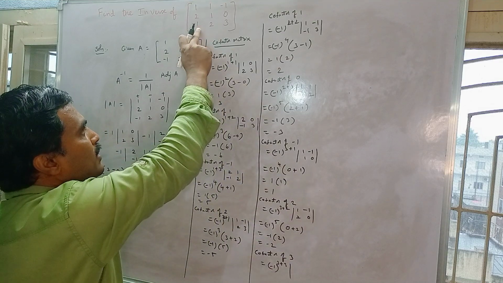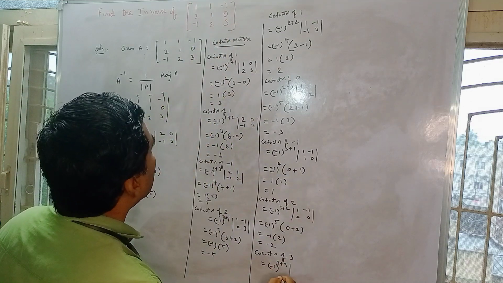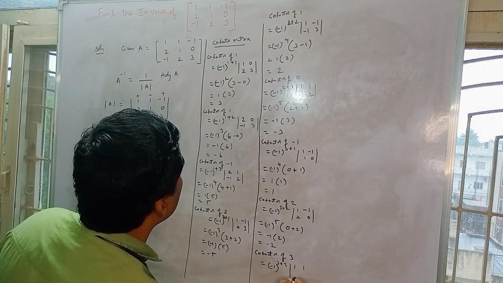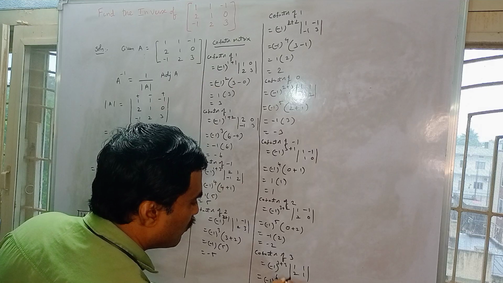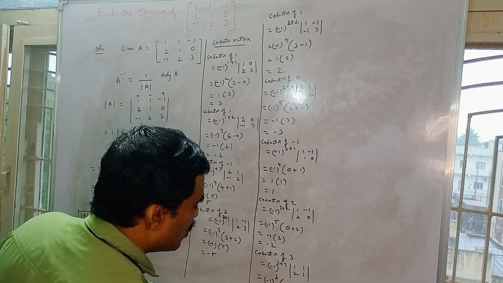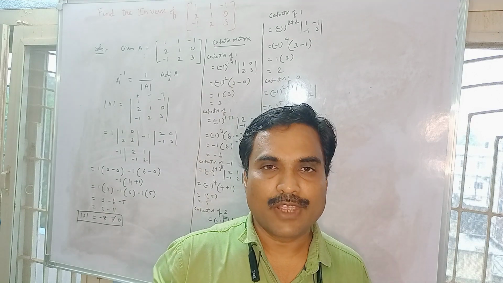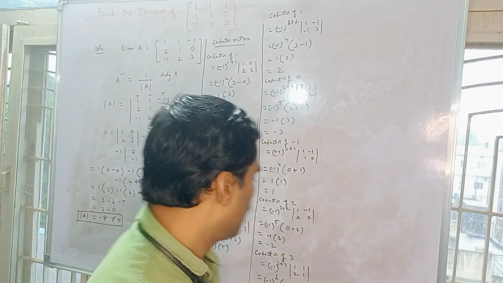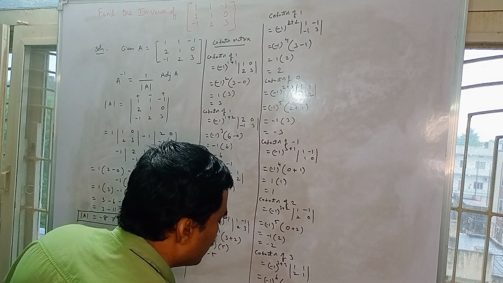You have to leave those elements in the third row and third column. So remaining elements in the determinant are 1, 1, 2, 1. So minus 1 power 6. Now 1 into 1 minus 2. What is minus 1 power 6? 6 is an even number, so minus 1 power any even number is plus 1. So you get 1 minus 1, so you get minus 1.